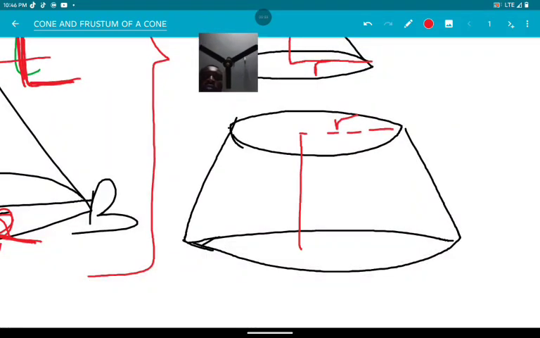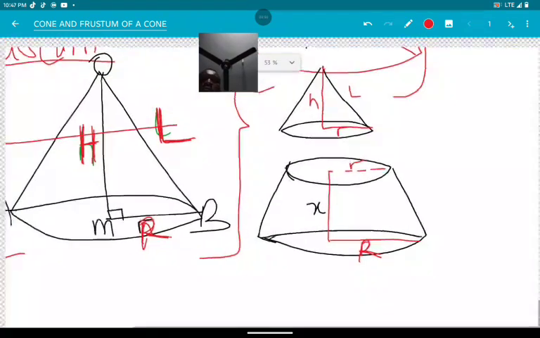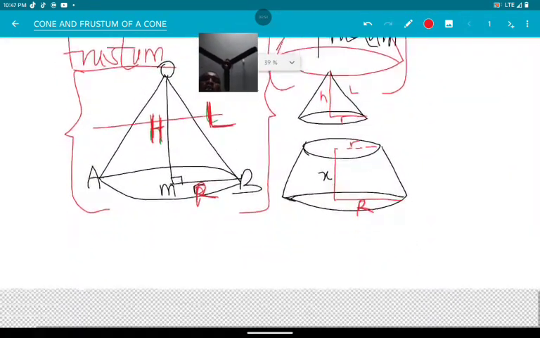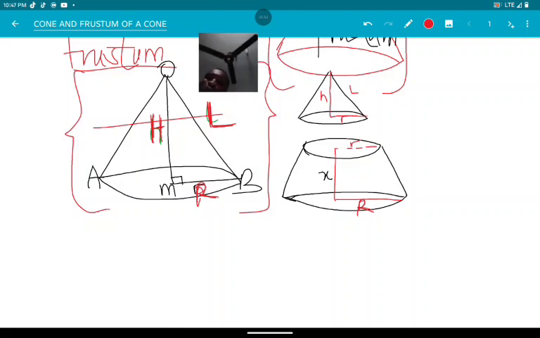Now this line is the depth of the frustum, or you can call it the height of the frustum, while this is the bigger R. Don't forget this is the big R. Something I want us to note: the frustum of a cone is the resulting shape after we have cut a part of a cone out.